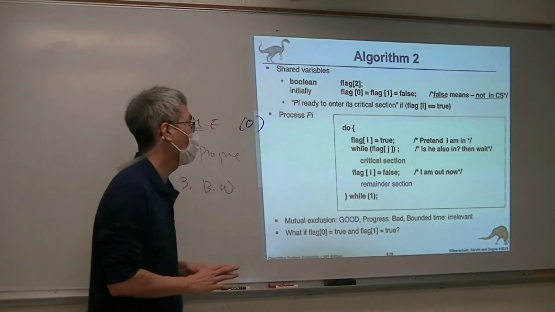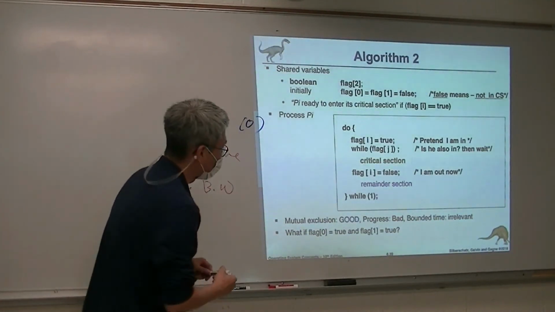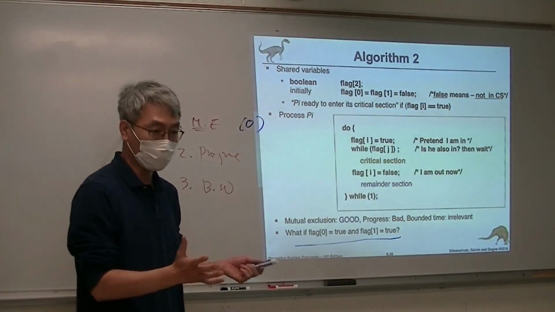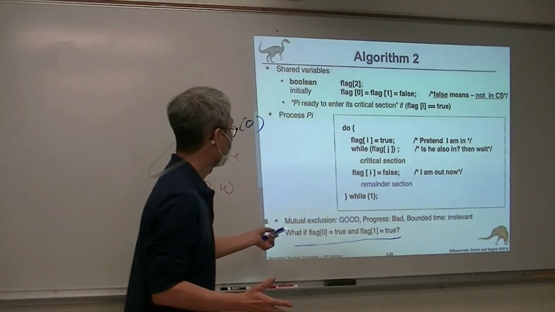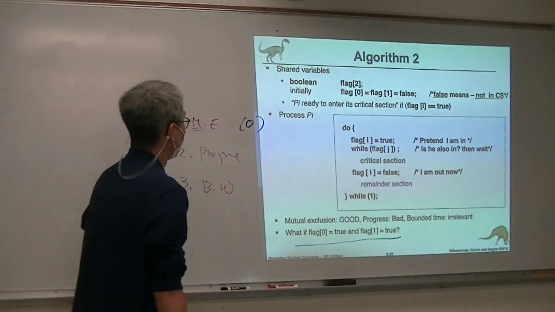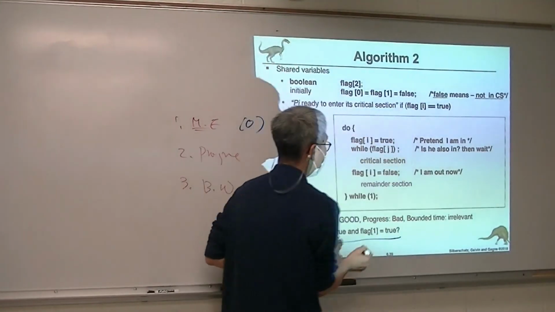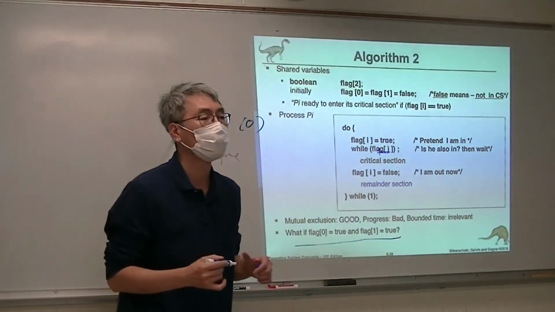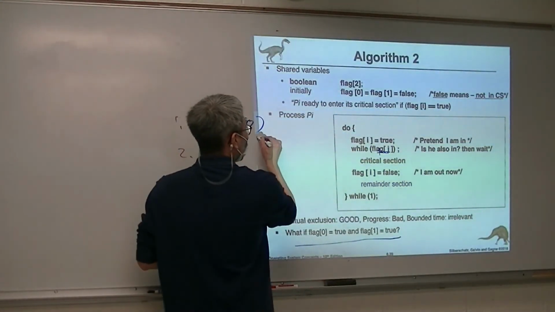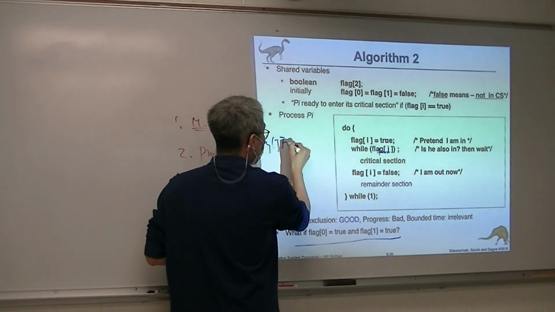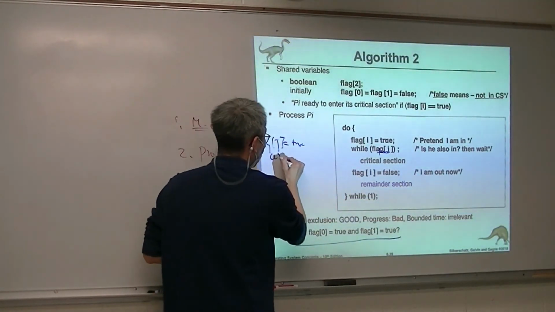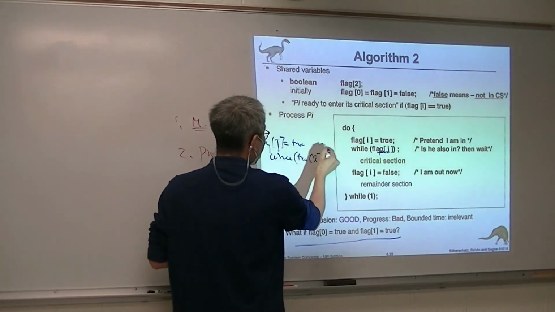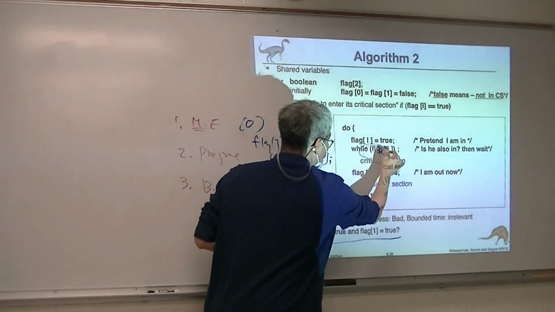Only one, right? So it's good in terms of mutual exclusion. Then next, progress. As you asked, what if both of them are true? It may be possible for both of them to be true because it's shared data. Somebody can set them both to true. So flag J is true and waits while flag I is true, and this process keeps waiting.